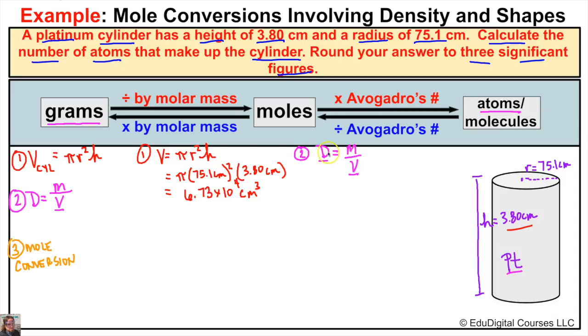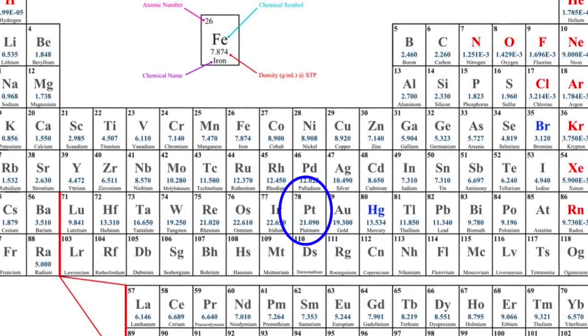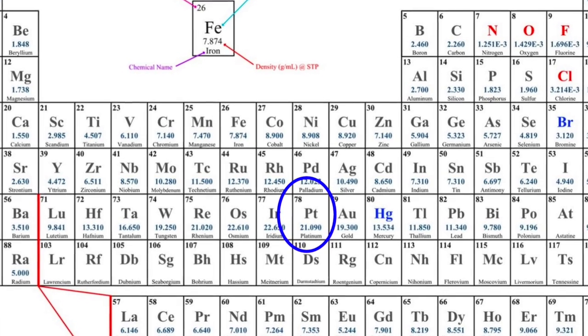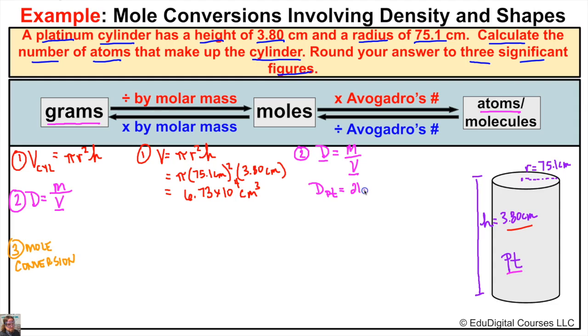If we take a look at a density table, we can see that the density of platinum is 21.090 grams per cubic centimeter.